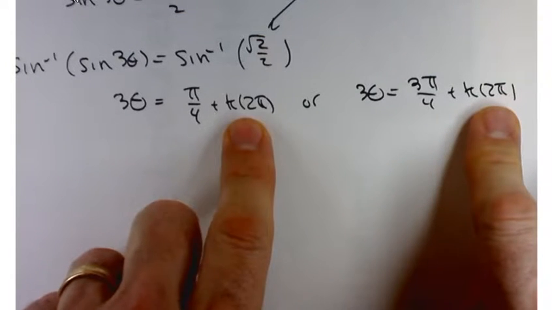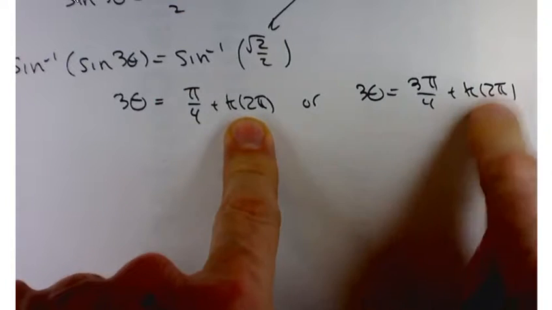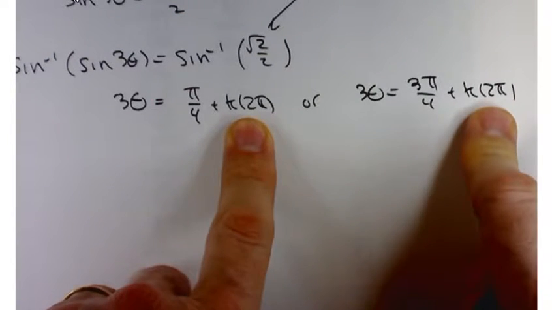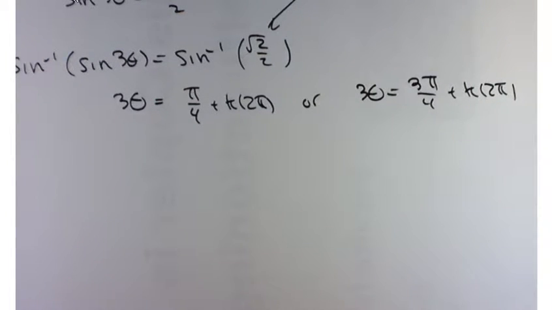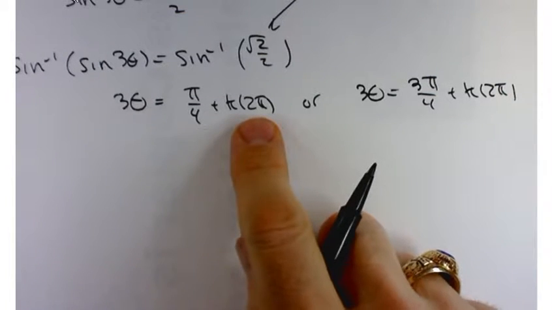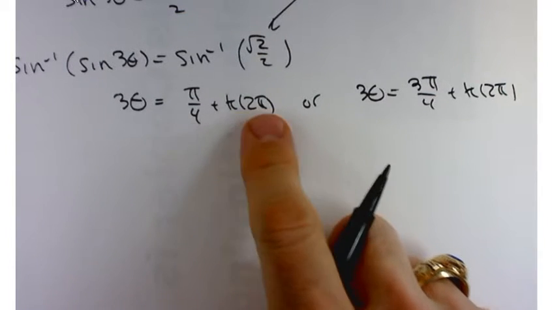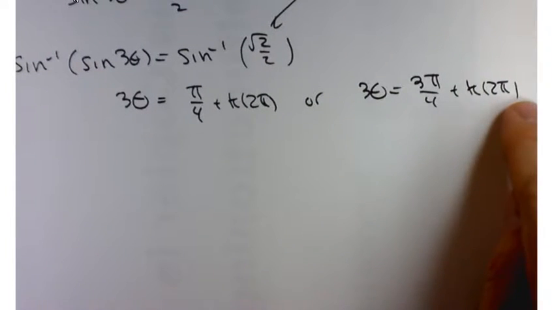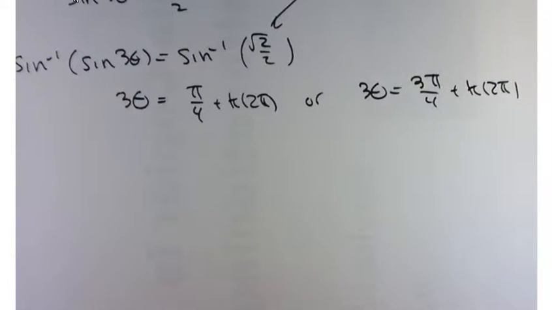Now I'm adding this on because sine is periodic with period 2 pi. If I was dealing with a tangent or cotangent, tangent and cotangent have different periods. The period of tangent and cotangent is pi, so I'd have k times pi as opposed to k times 2 pi. We'll do one like that, maybe two.